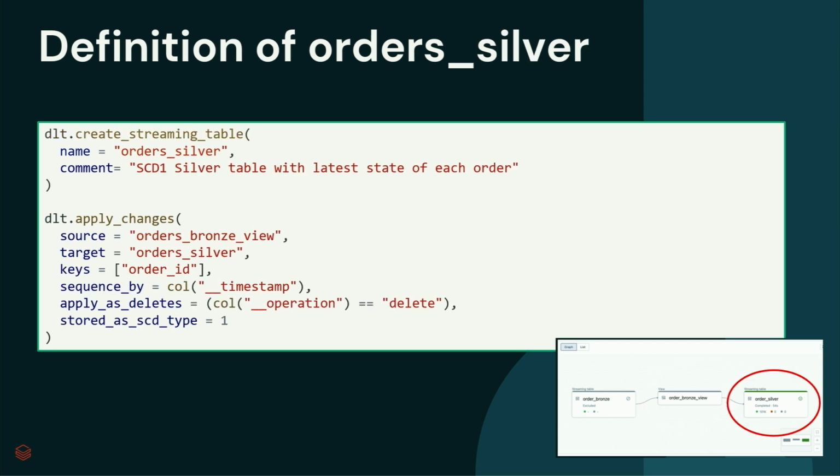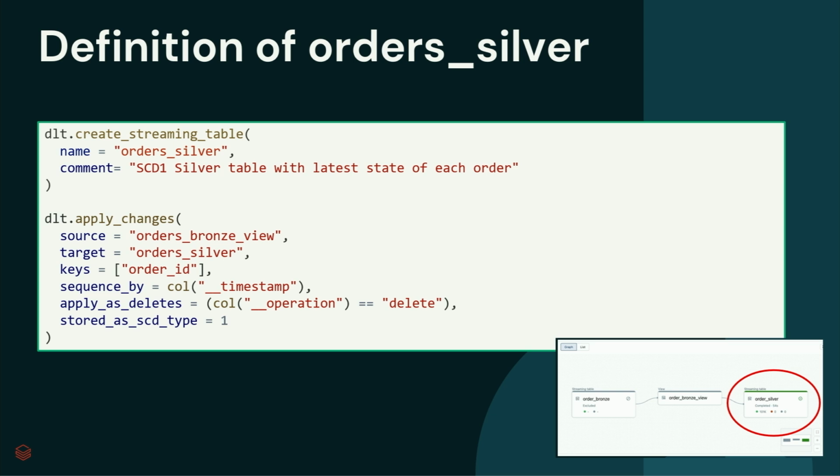And finally, here's my silver table. And here's where the DLT magic happens. Now we need to take all these changes and apply those changes in our Delta table. And I could do this with a merge statement.